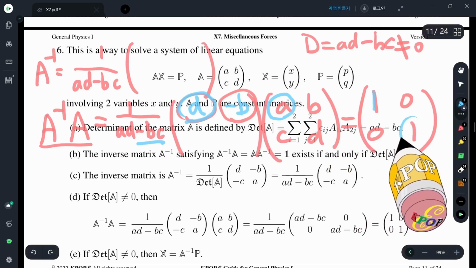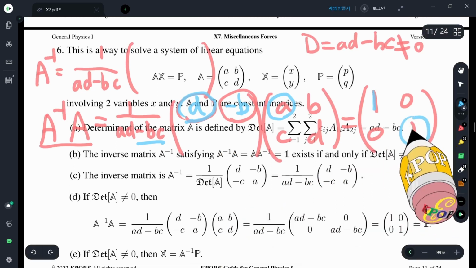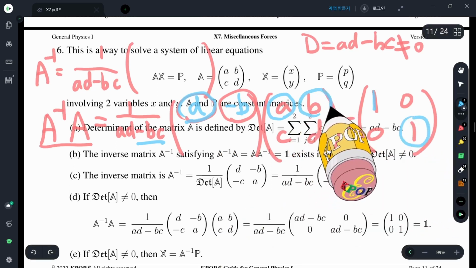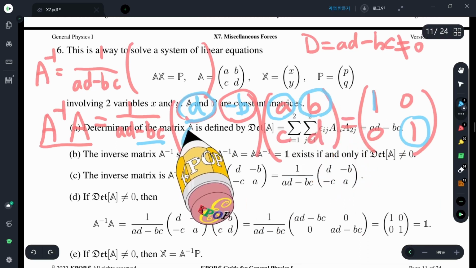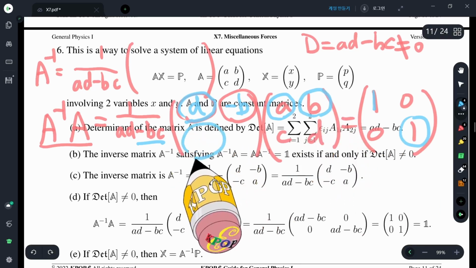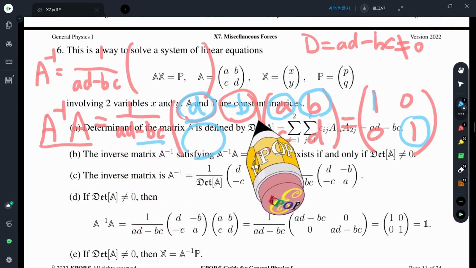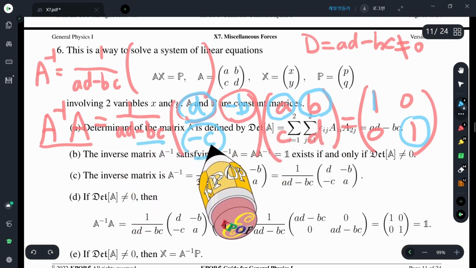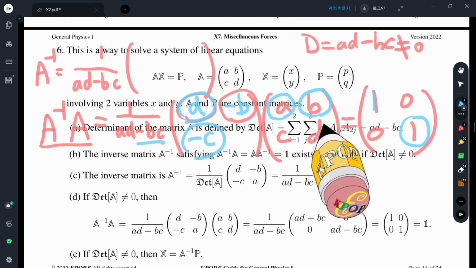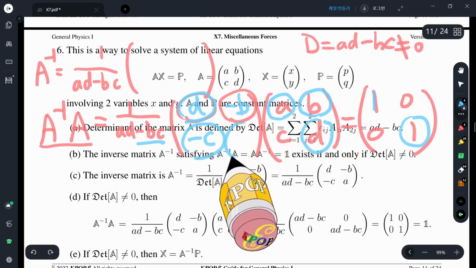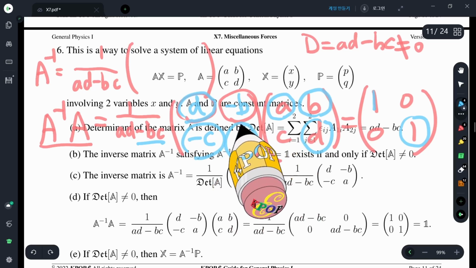Let me find this one. To find this one, I multiply this one to here. A, D, B, C, B minus C. And this one is multiplied to here.